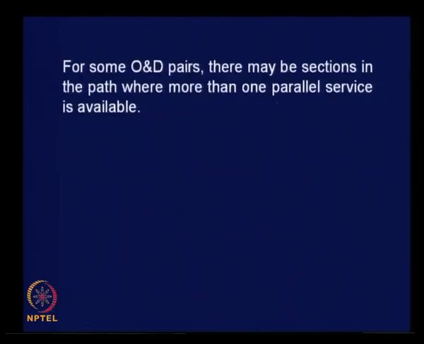For some OD pairs, there may be sections in the path where more than one parallel service is available. Let us say the travel time is 50 minutes. For the first 10 minutes, the person may have only one transit service available, and later on for the next 30 minutes of travel, there may be train service as well as bus service available in parallel.